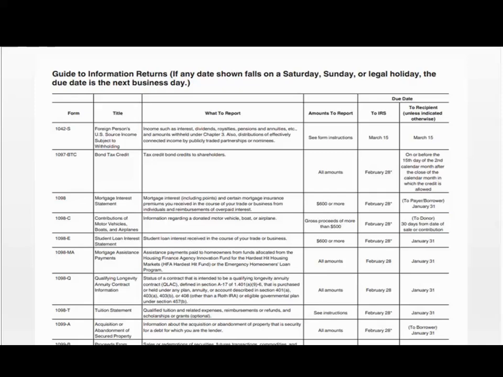This would be the minimum amount, the floor for reporting. Anything below that amount doesn't need to be reported, but if it's $600 or more, it must be reported, and it is due to the IRS by February 28th and to the payee by January 31st. So there's some information there about what the form's about and what the filing threshold is and when it's due.